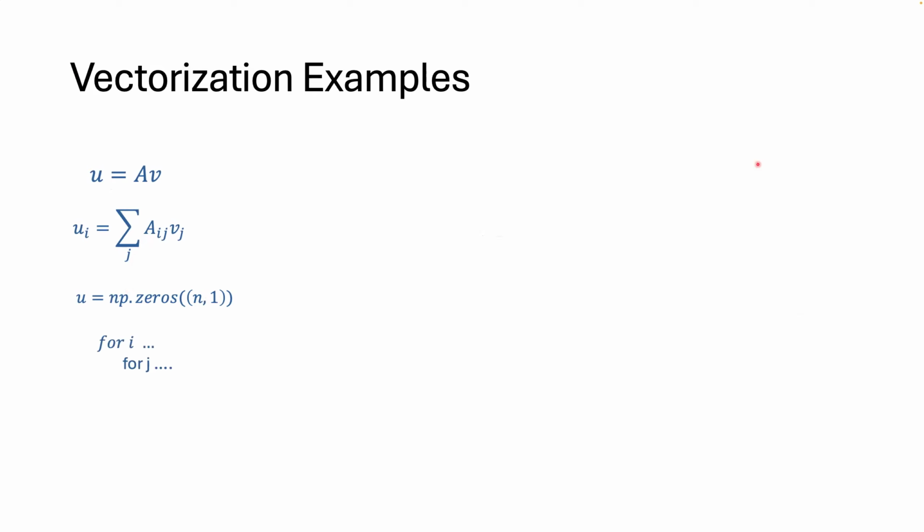And here is the for loop of how we use it. You can see we have two for loops, and that's how you compute u_i.